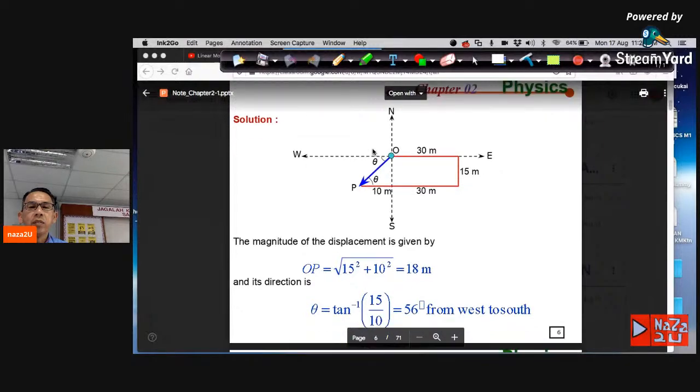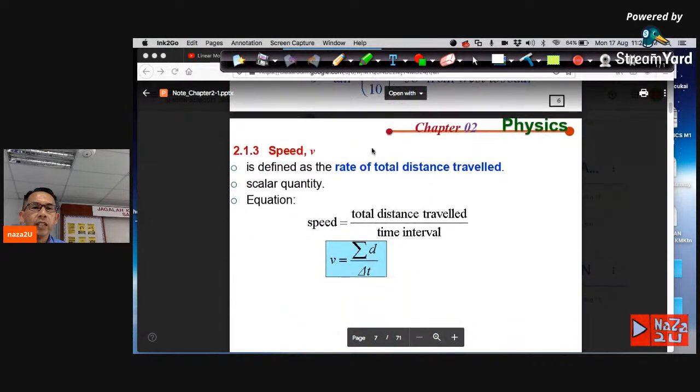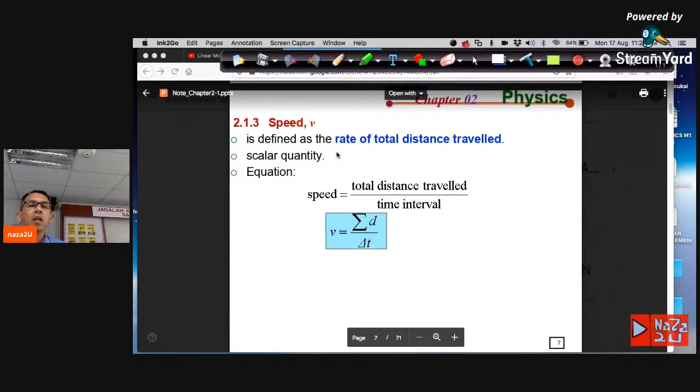Okay, this is an example, so you can study on your own and just go through. Okay, the next is speed. Students asked me, what is the difference between speed and velocity? So now we try to differentiate between the terms speed and velocity. First, we talk about speed.